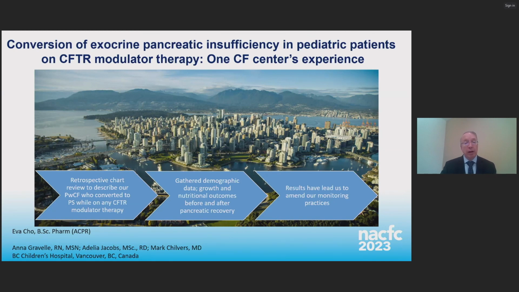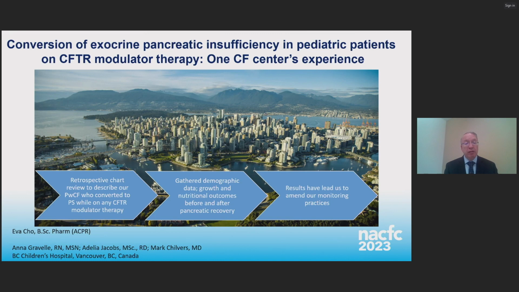And the fourth presentation will also come from Canada's BC Children's in Vancouver, and they looked at the relationship between low intestinal inflammation and the exocrine pancreatic insufficiency and deficiency. And here we're looking at one center experience of what happens to the exocrine pancreas with modulator therapy.